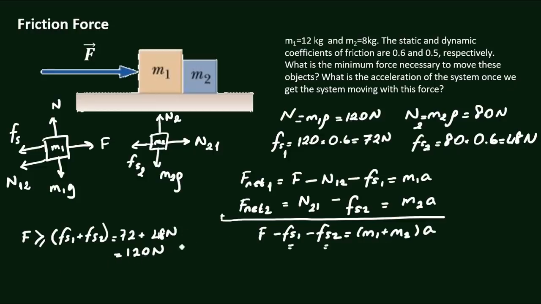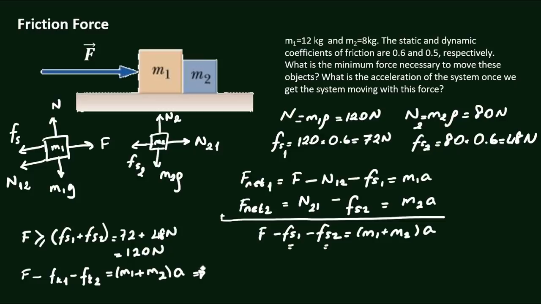Now let's see what happens once it starts moving these objects with this force. Once the objects are moving, the friction force expression is going to become the one for kinetic friction. So we're going to have F minus Fk1 minus Fk2 equals (M1 plus M2)a.